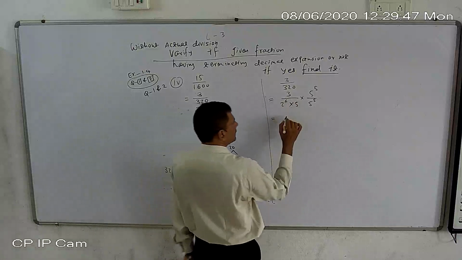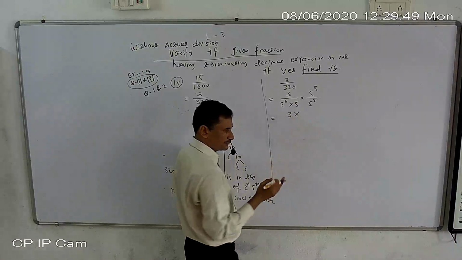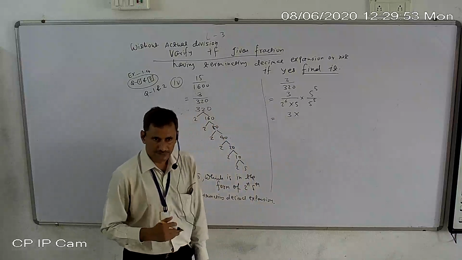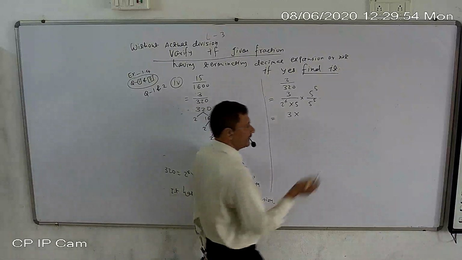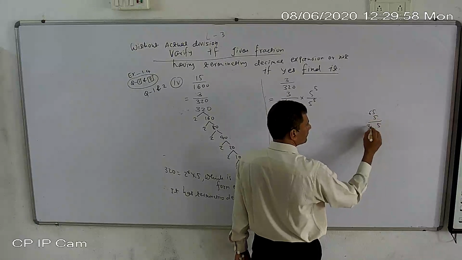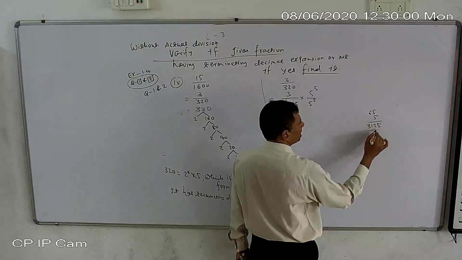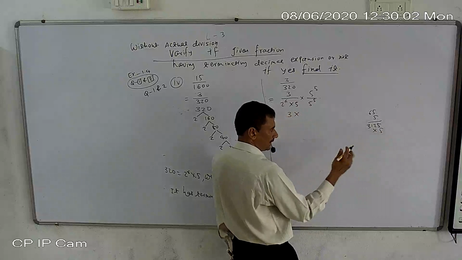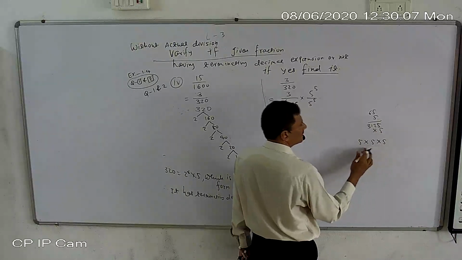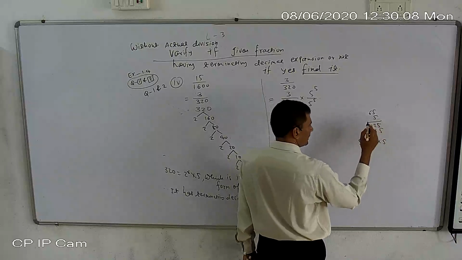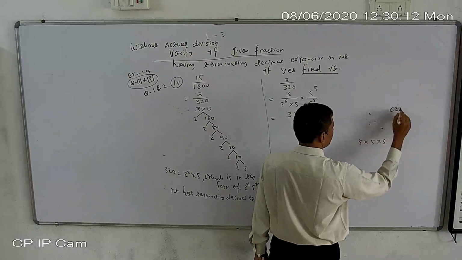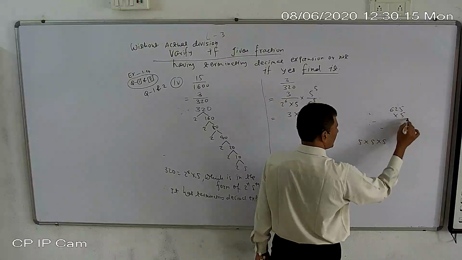Now 3 into 5 raised to 5 means what? 5 5s are 25, 25 5s are 625, 625 into 5 is 3125. Sorry, 5 5s are 25, 25 5s are 625, 625 into 5 will be 3125.